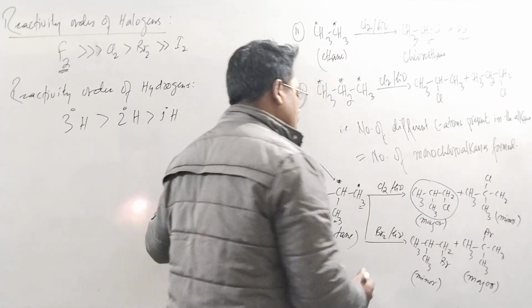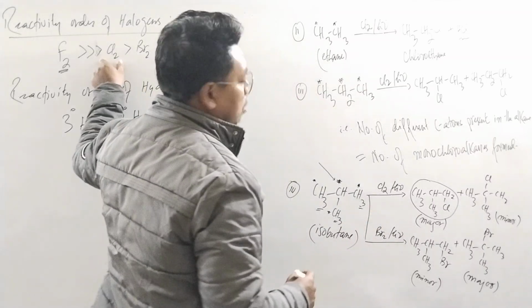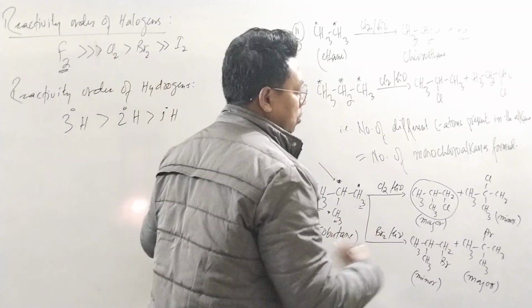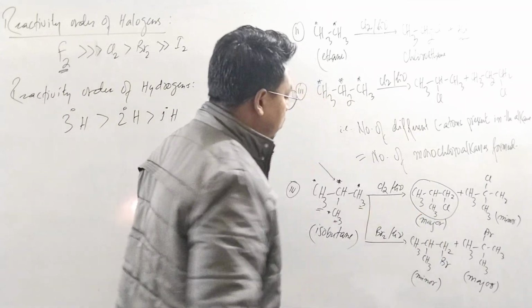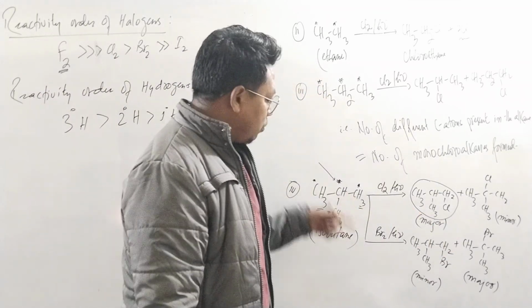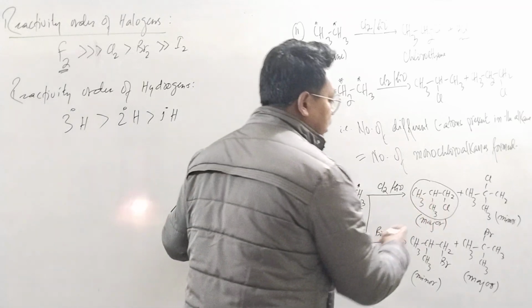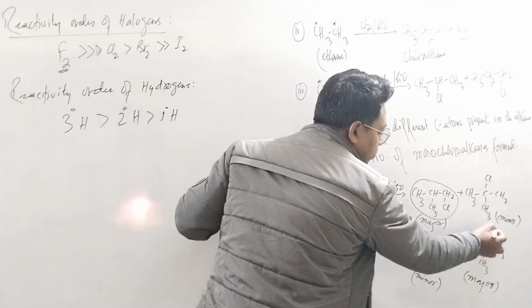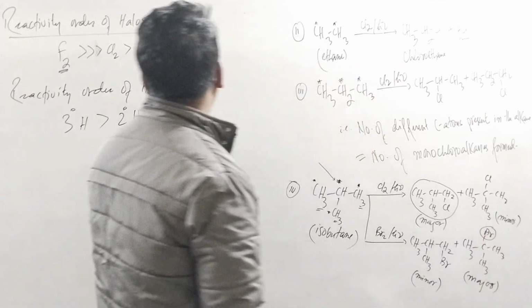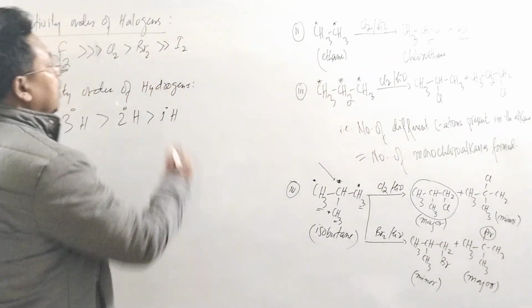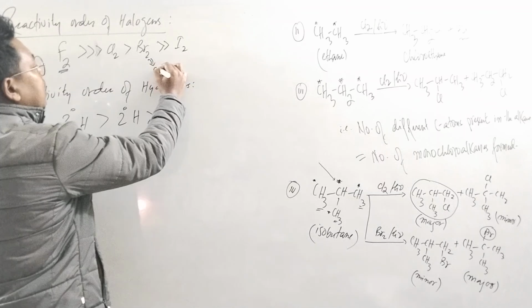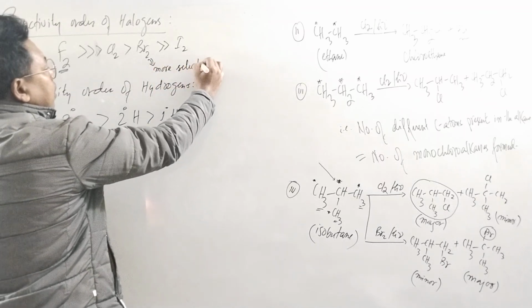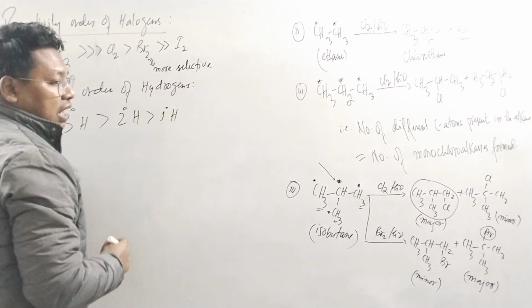Okay, this chlorine is very reactive and this is less selective, so substitution is done to the carbon atom where larger number of hydrogen atoms are present. While in this case bromine is less reactive, means this is more selective. Less reactive means more selective. This can select actually.